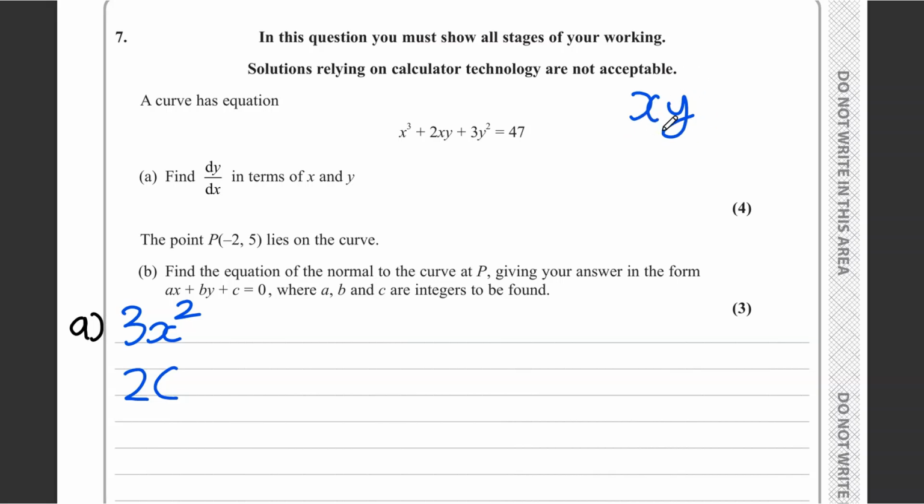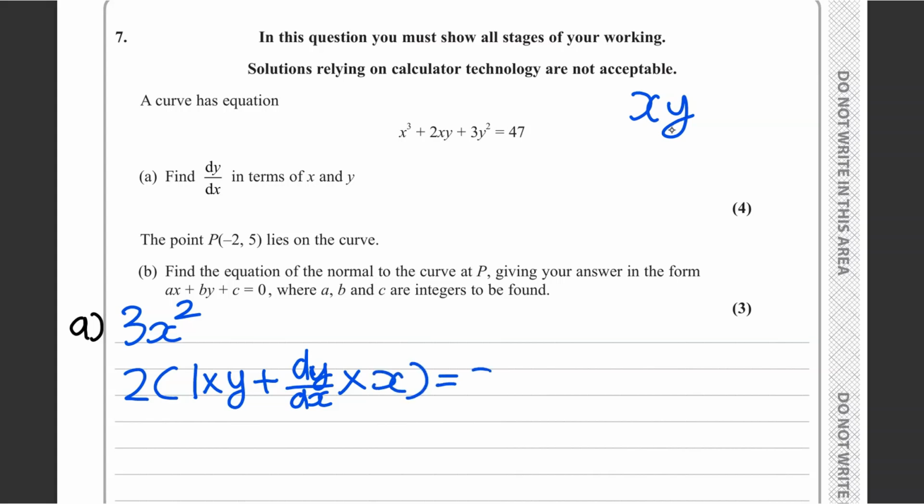So the product rule on xy is going to be this term differentiated, so x differentiated, and x differentiated is just 1, and then this is multiplied by this term, which is y, and then this is plus this term differentiated, so y differentiated, and if we differentiate y implicitly, it's equal to dy over dx, and then this is multiplied by this term, which is x.